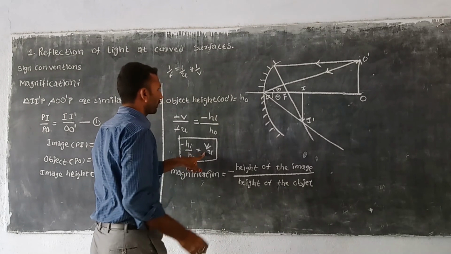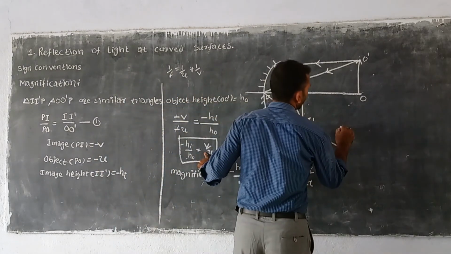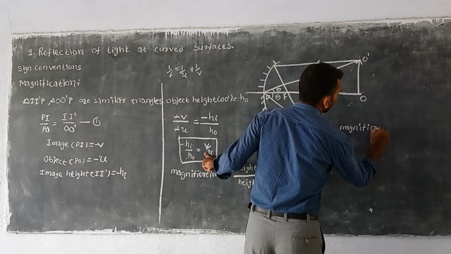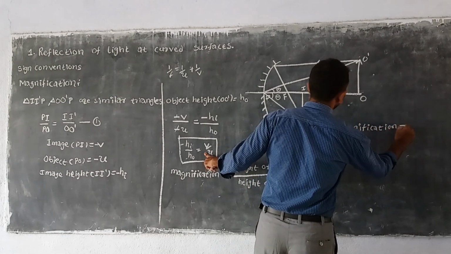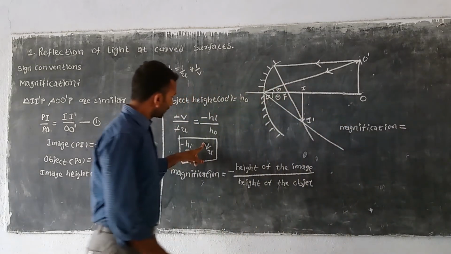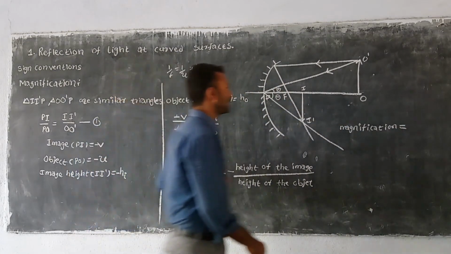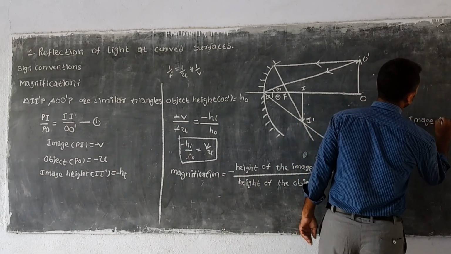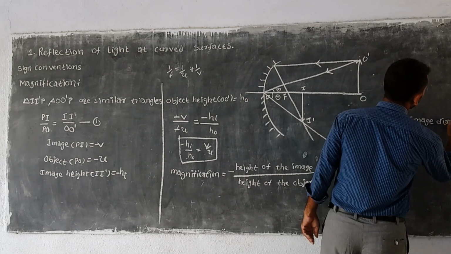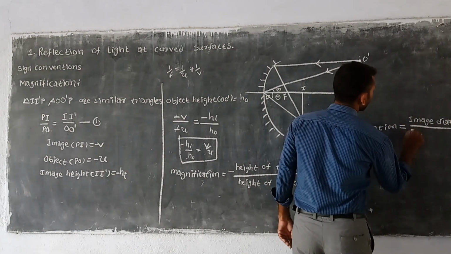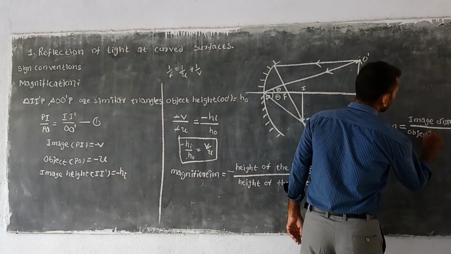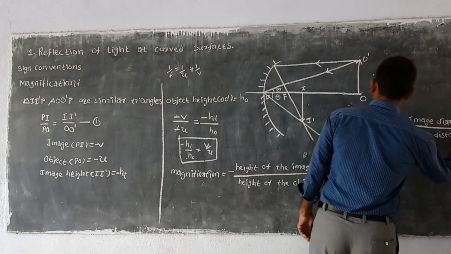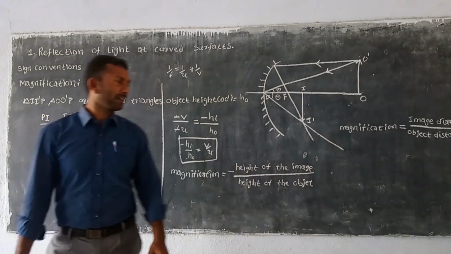We can write another formula: magnification equals minus image distance by object distance, that is minus V by U. These two formulas we can use to find the magnification.